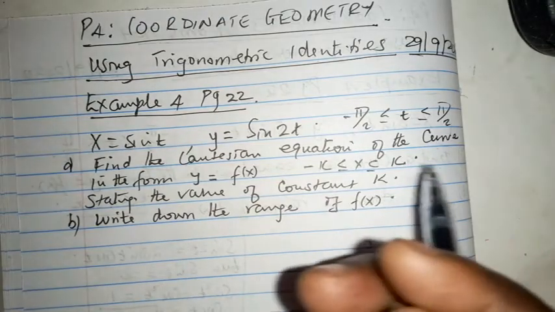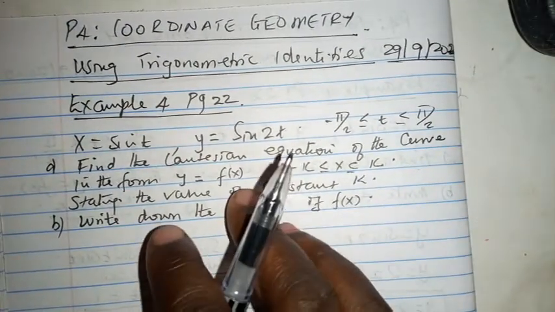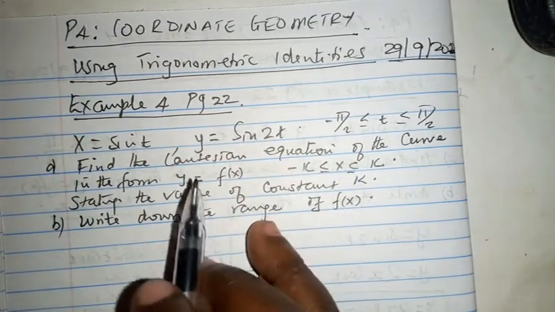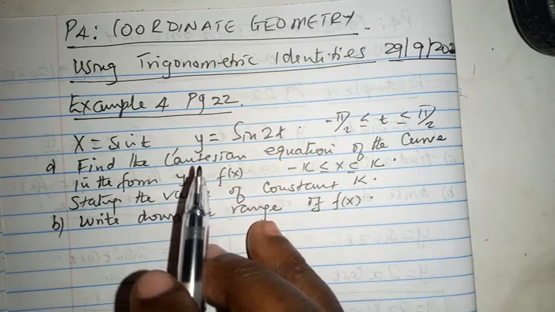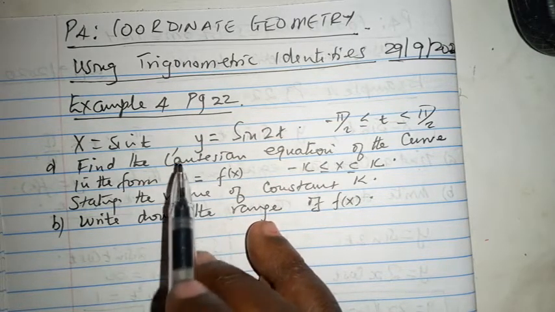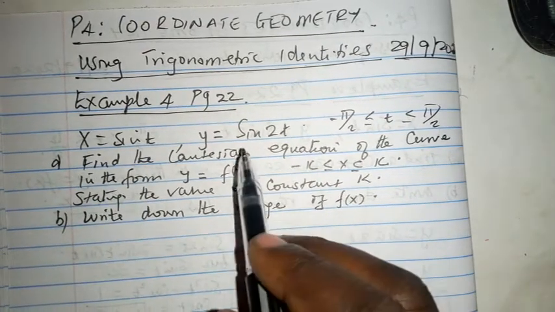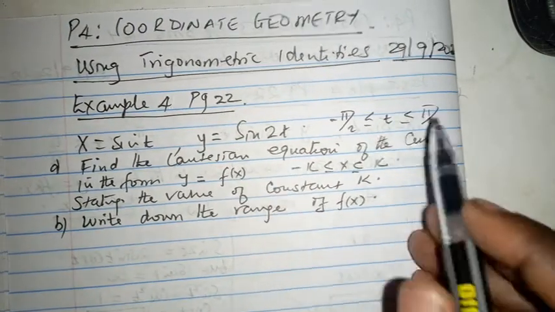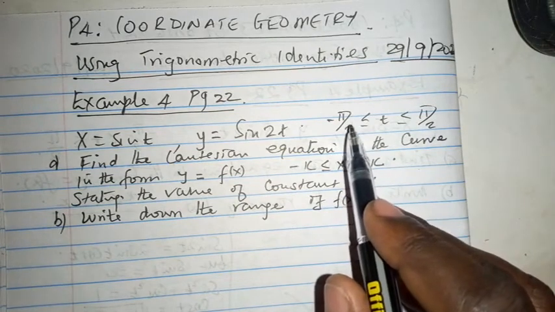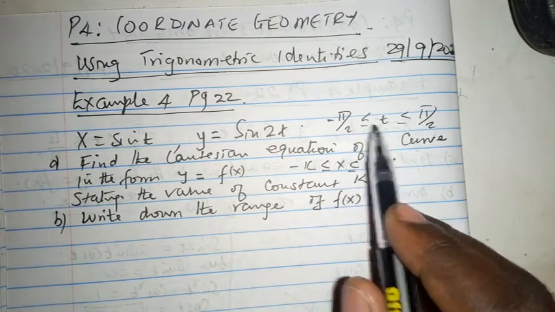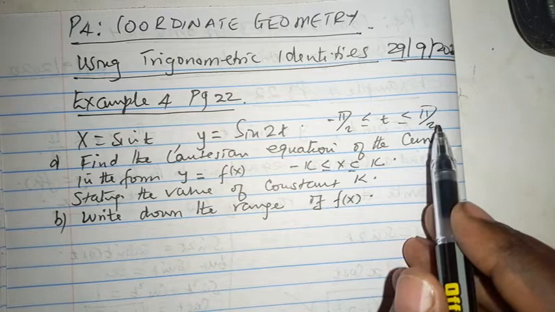In that question, we are saying that a curve is defined by the parametric equations x equals sine t and y equals sine 2t, where t is all the way from negative pi over 2 to pi over 2.